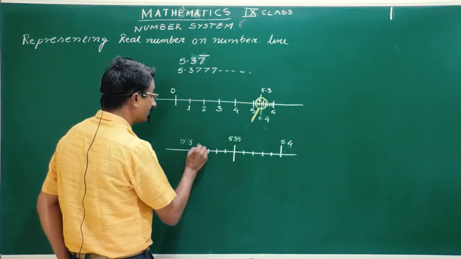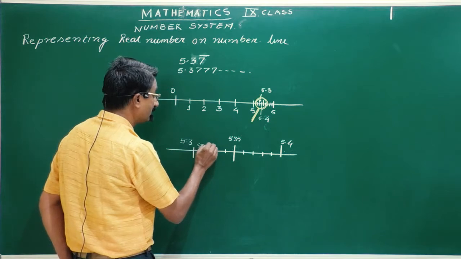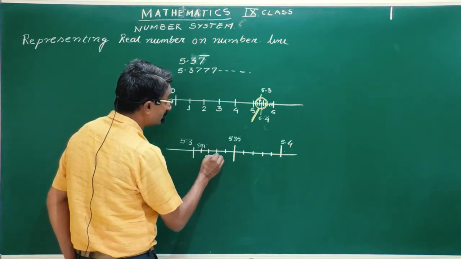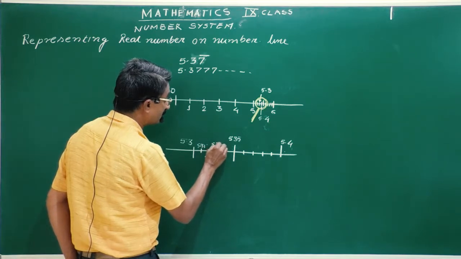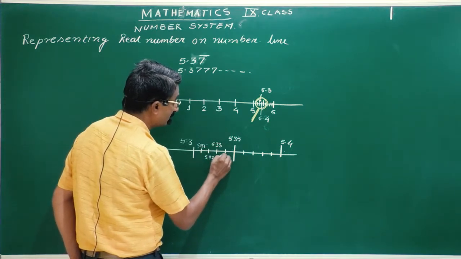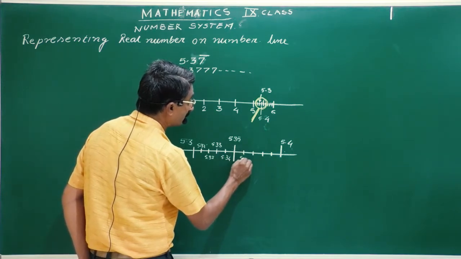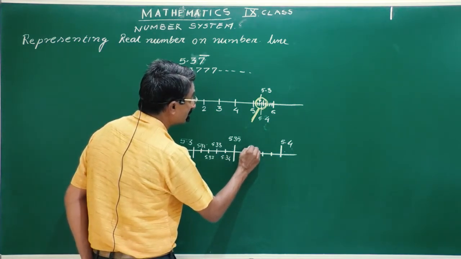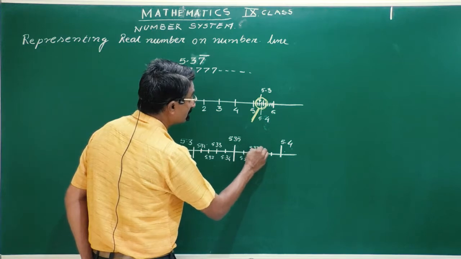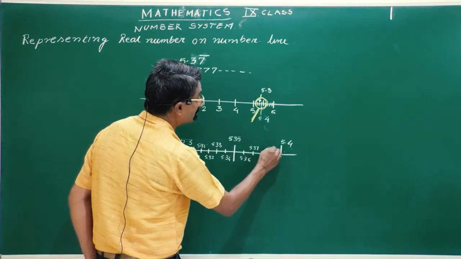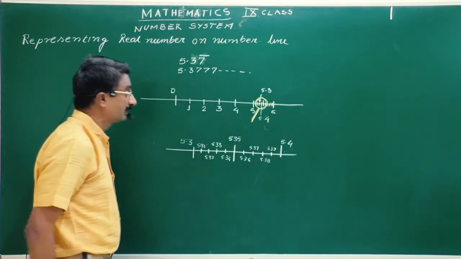So this is 5.31, 5.32, 5.33, 5.34, 5.36, 5.37, 5.38, 5.39.